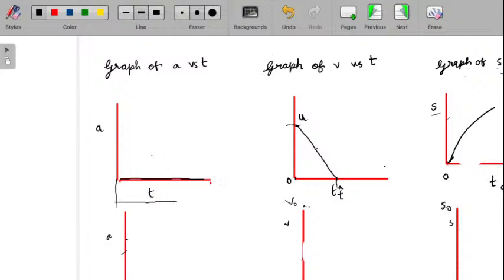So during this time the acceleration is negative.